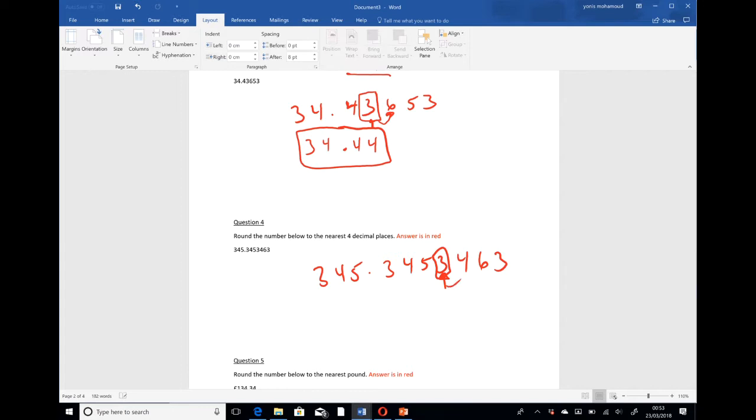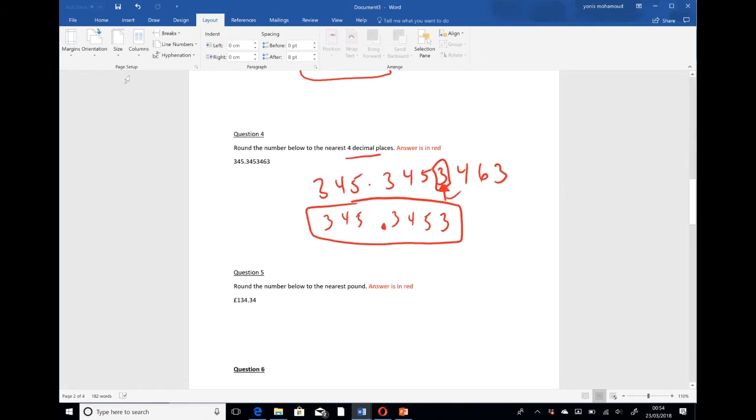I'm going to look at the number to the right of that 3, which is 4. So I'm going to keep 3 the same. All the numbers before it will be kept the same. And because the question asks us to round to 4 decimal places, the final answer must have 4 decimal places. So this is your final answer.